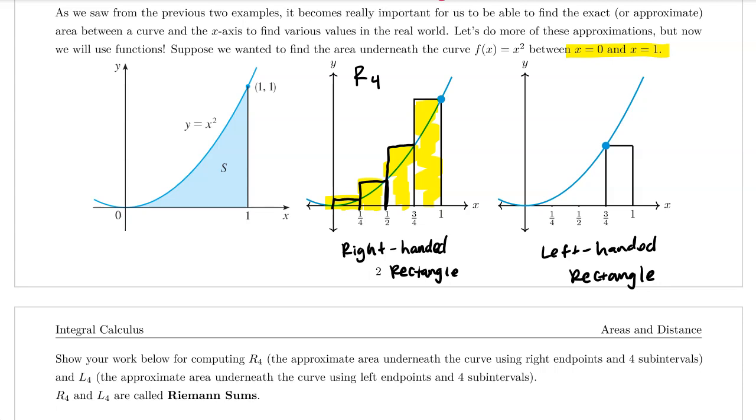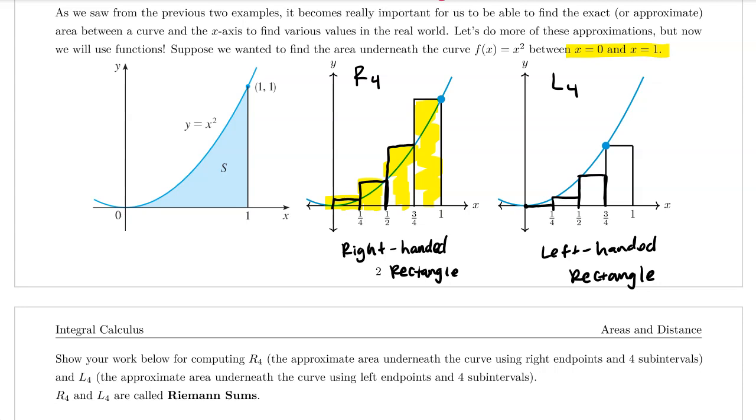What do you think the estimated area under the curve in the last picture is going to be called? If you guessed L sub 4, you are correct.